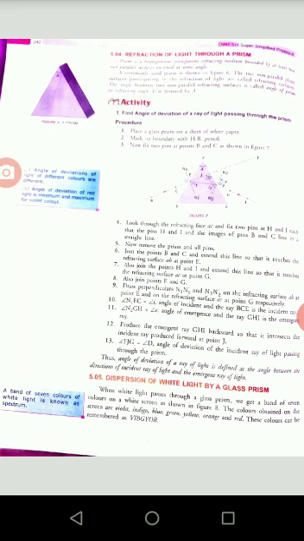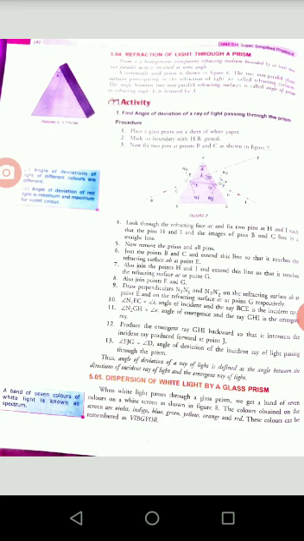In the figure you observe that BC is the incident ray, EG is the refracted ray, and HI is the emergent ray. The incident ray is produced forward and the emergent ray is produced backwards. Both meet at a point where an angle is formed, and this angle is denoted by D. This is the angle of deviation.